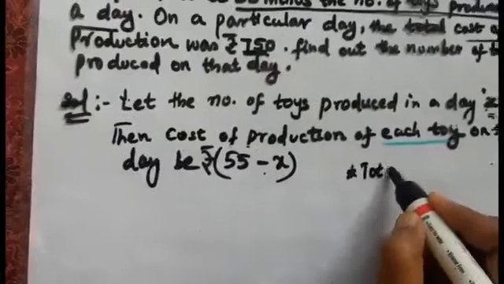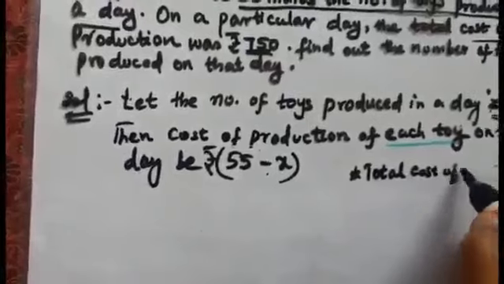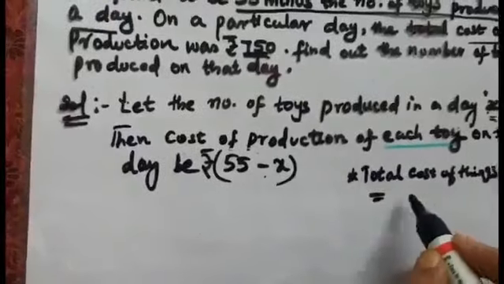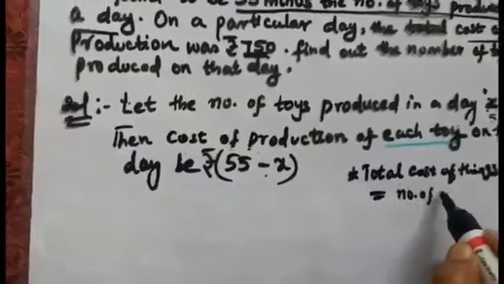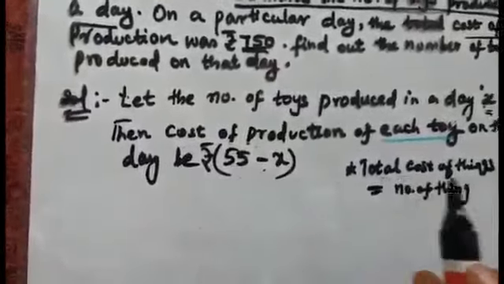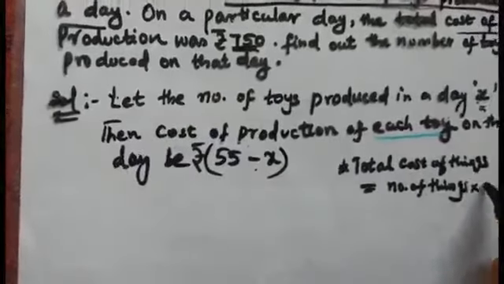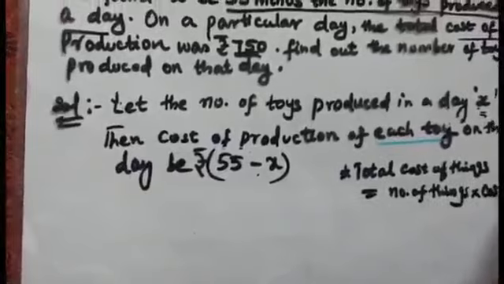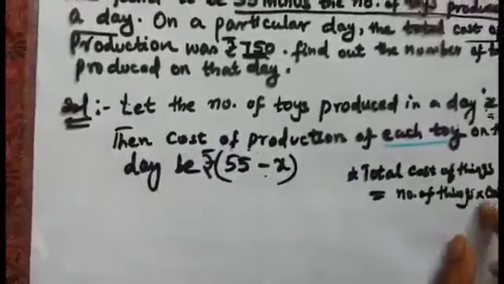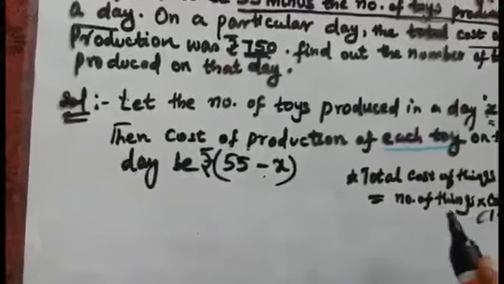Whenever you want to know the total cost of things, it is always found by using the formula: number of things into cost of one item. This is a basic thing.